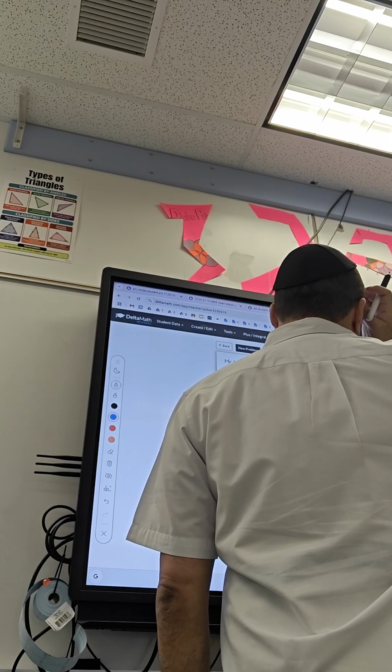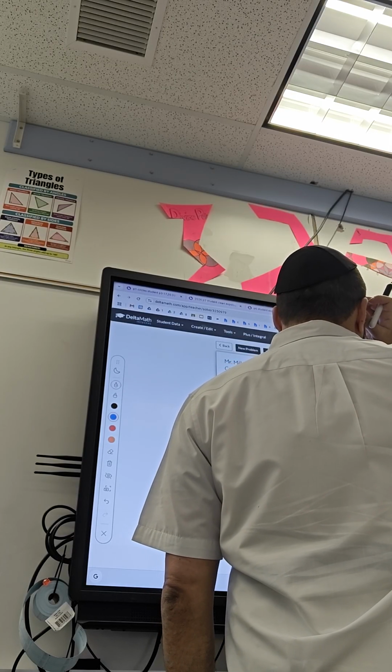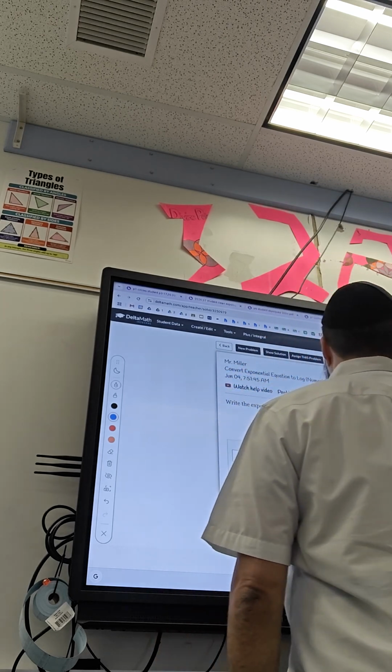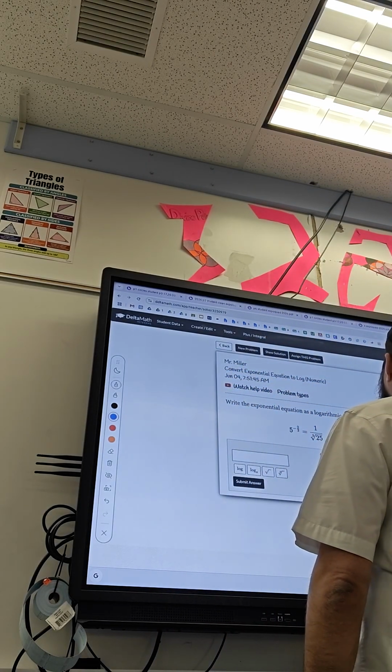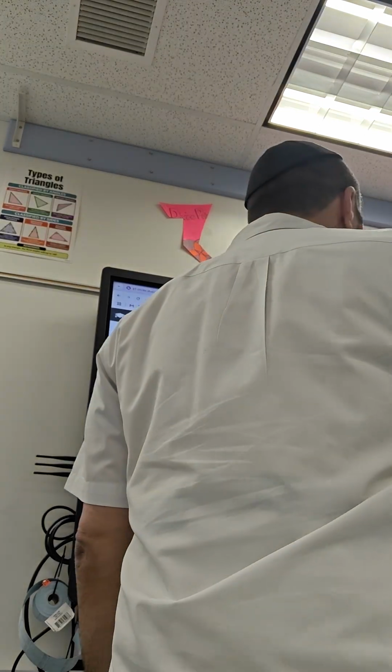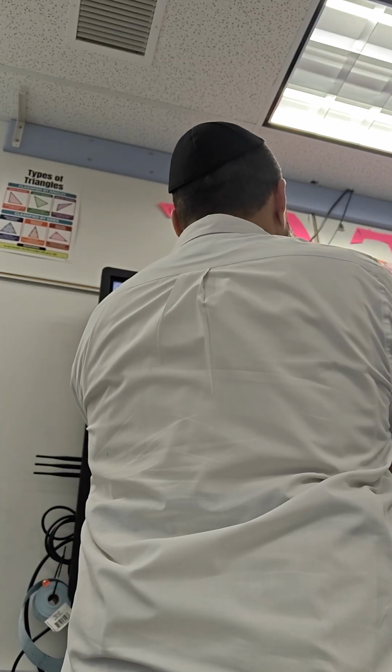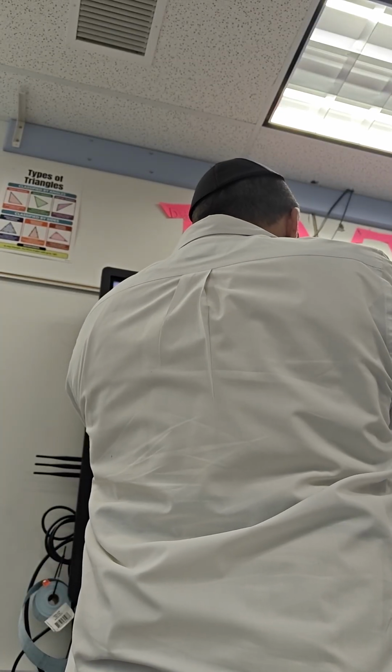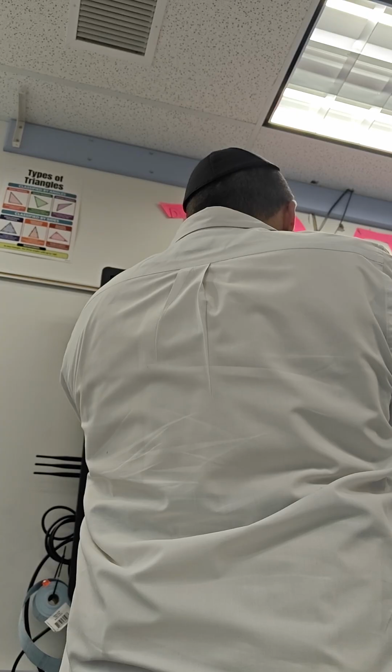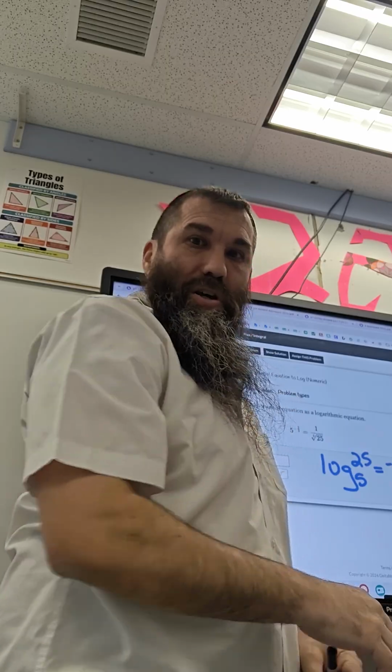The third root of 5 to the -2/3 equals 25. I might be wrong on this one. 5 to the -2/3 does not, the third root of 5 squared does not equal that. That's wrong. Let me pause this for a second. I don't want to take too much time.